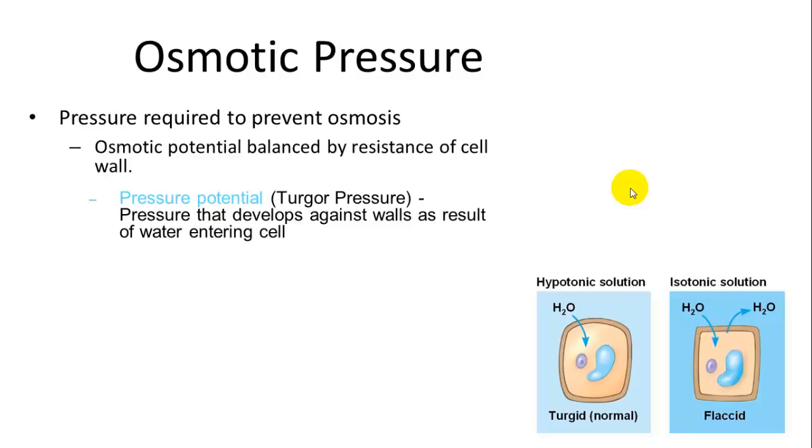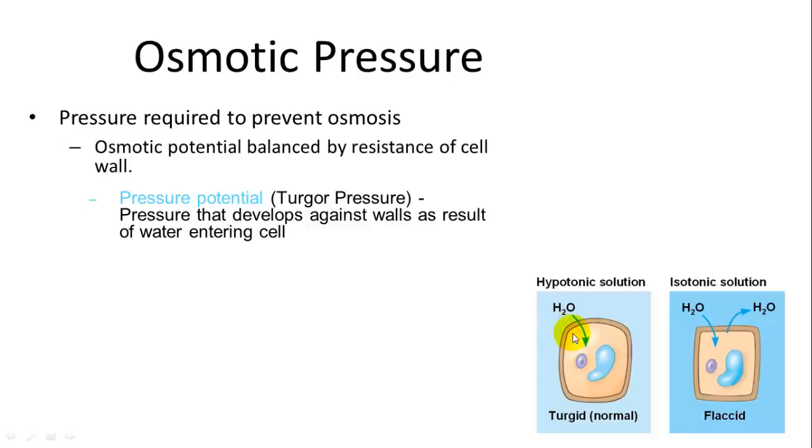So you have pressure potential, or turgor potential, is the pressure that develops against the wall as a result of water entering the cell and wanting to leave. So here you have it in a hypotonic solution, meaning there are more solutes within the cell than outside of the cell, and so the water wants to come in.